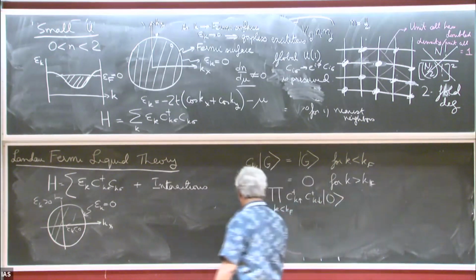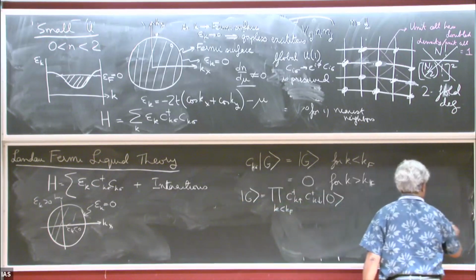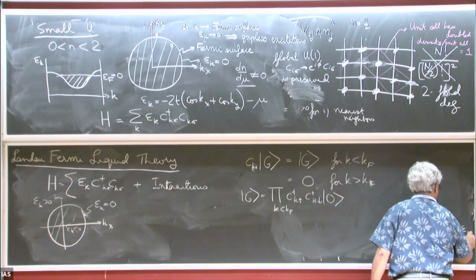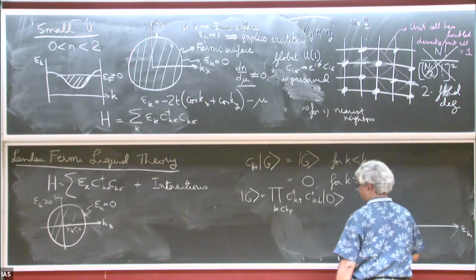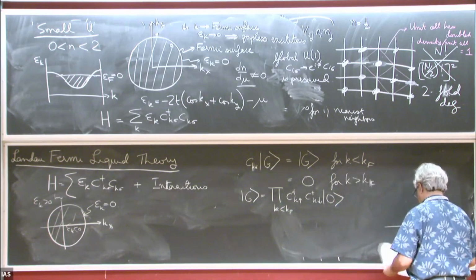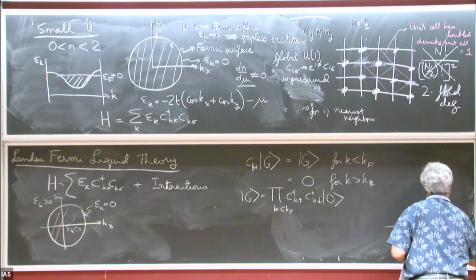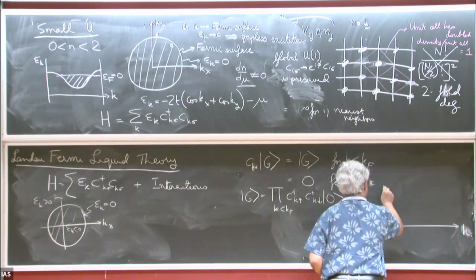Let's also make a plot of the excitation spectrum as a function of k. This is momentum, k. This is excitation energy.